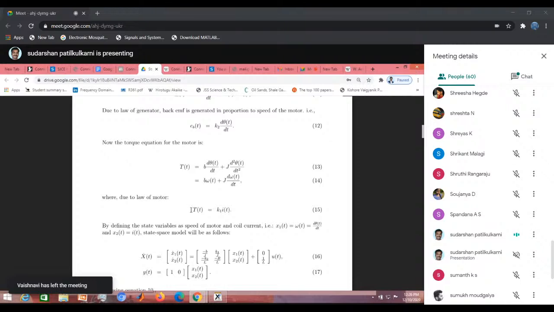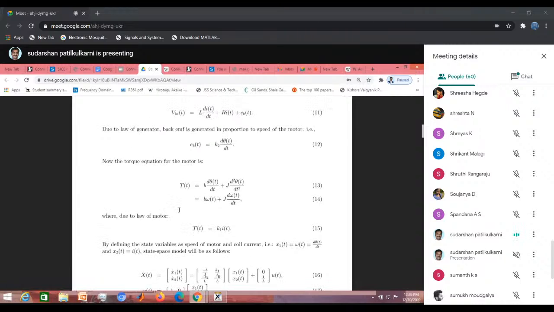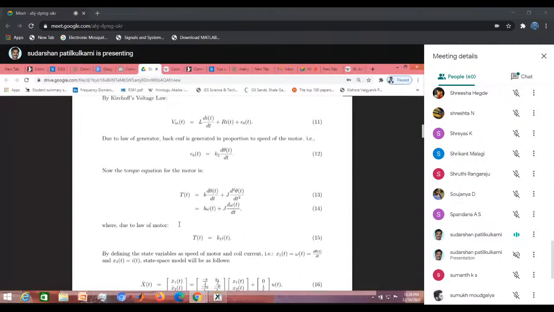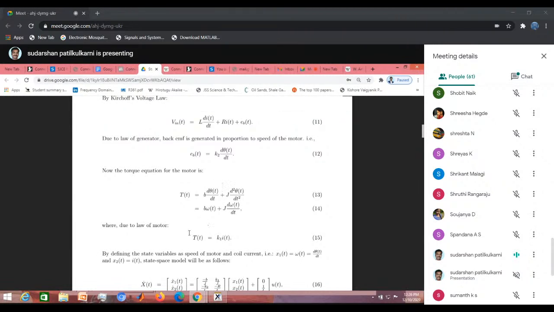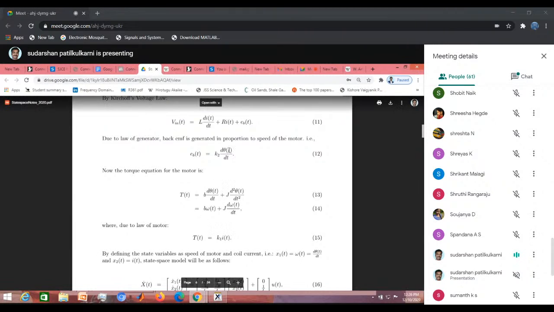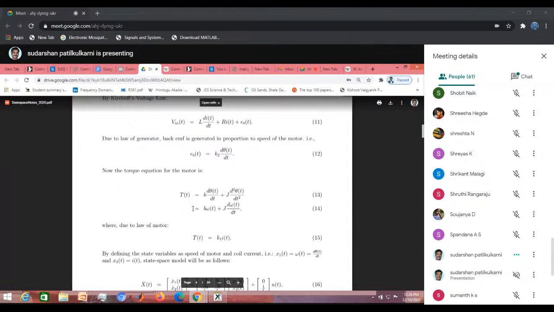If it is a linear structure, then we have force; force induced is proportional to the armature current. But since here we have a rotor, we call it a torque. Torque equal to K1 into I of t. K1, K2 are the proportionality constants. One is because of the law of motor, the other is because of the law of generator. This we have discussed before when we were discussing transfer function.